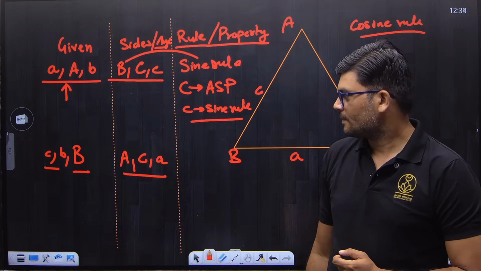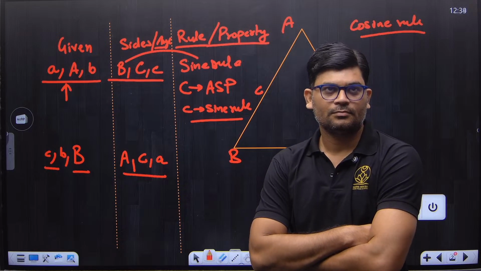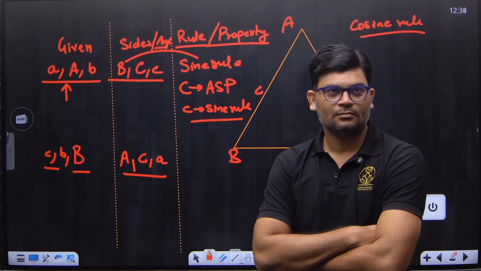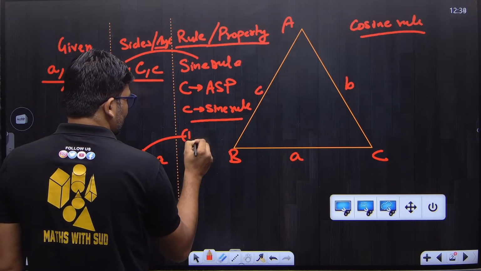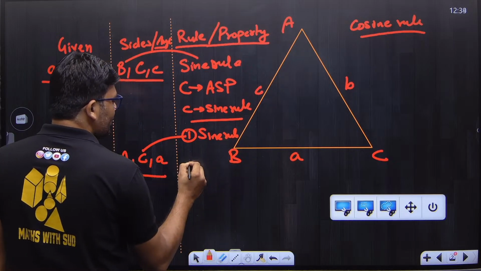You'll first find angle C. Very good. So first you will find angle C using which rule? Sine rule. What is the next thing that you will find?